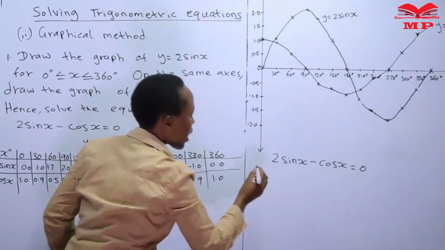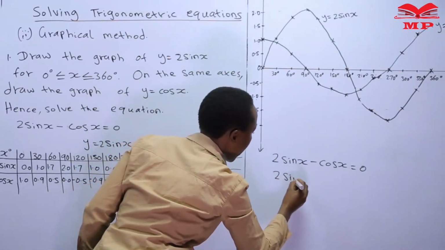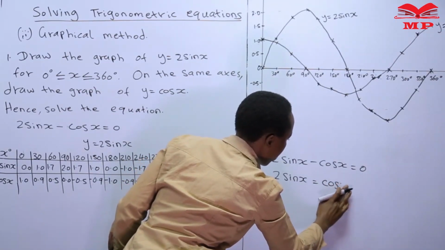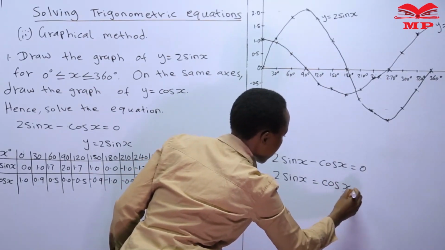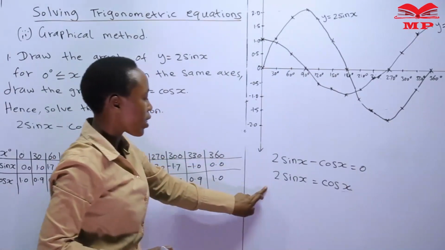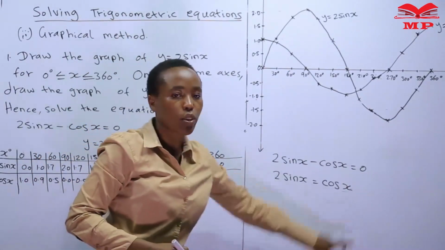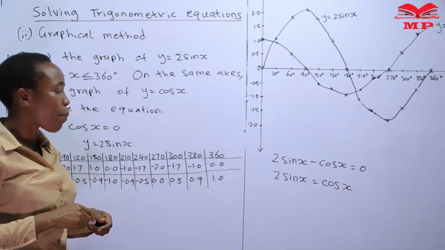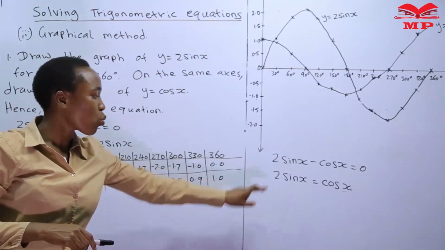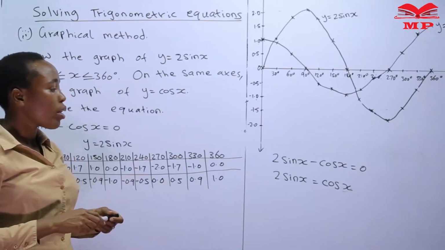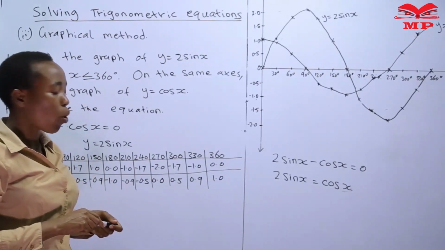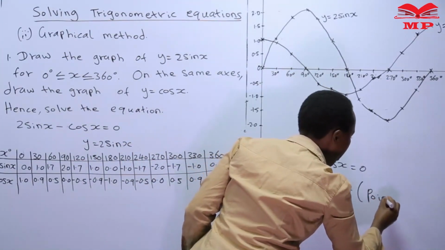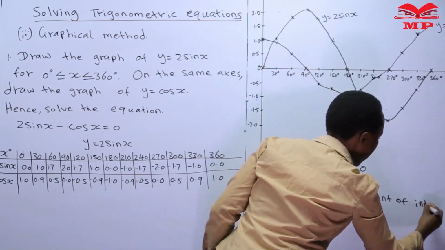And therefore, we can write this as 2 sine x is equal to cos x. We are going to look at the point whereby the curve 2 sine x equals the curve cos x. And this will be at the point of intersection.